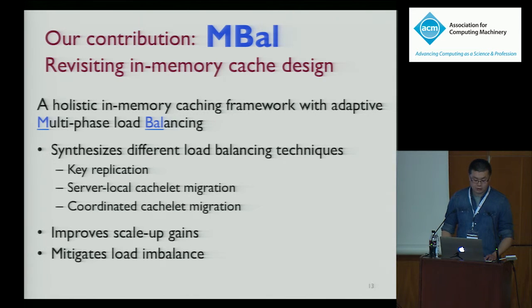To this end, we design and implement MBal, an in-memory object caching framework that comprehensively combines different techniques. MBal not only improves the single instance scale-up gains significantly, but also effectively mitigates the impact of load imbalance on performance.